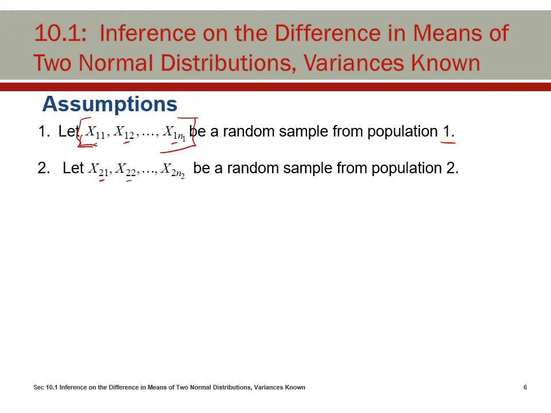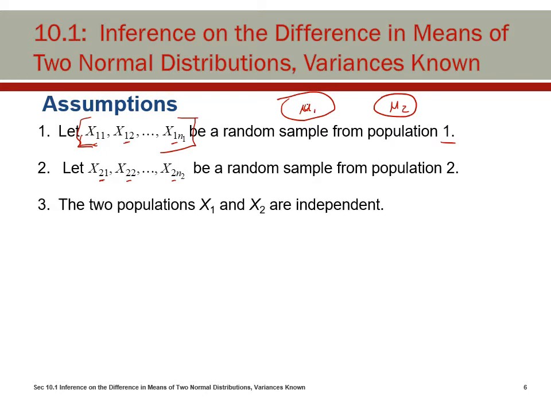So you see each of these starts with X2: X2 sub 1, X2 sub 2, X2 sub 3 to X2 sub n. So we've got two separate populations, and we're going to be trying to understand the mean mu1 compared to the mean mu2. And those are independent populations.